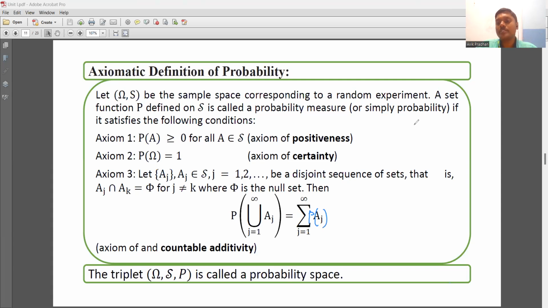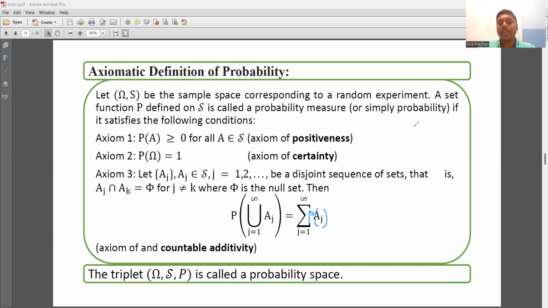The axiom of positiveness says that the probability of any event is greater than or equal to 0. The second axiom, the axiom of certainty, says that the probability of the set of all possible outcomes is equal to 1.